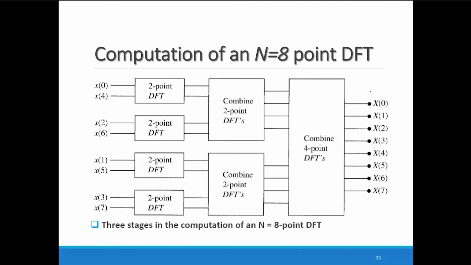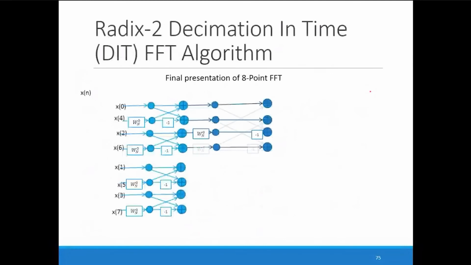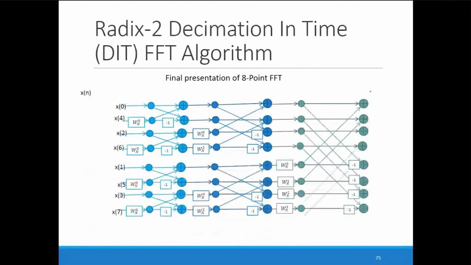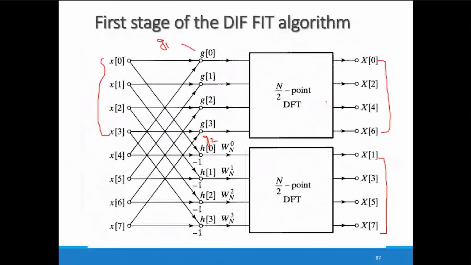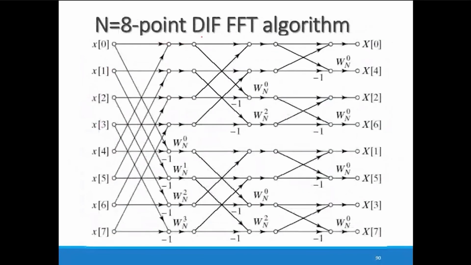In the final diagram here you can see stage 1 is a single stage operation, then a 2-stage operation, and then a 4-stage operation, so 2 raised to 0, 2 raised to 1, and 2 raised to 2. But here the operations are totally reversed: 2 raised to 2, 2 raised to 1, and 2 raised to 0. So this is the first, second, and third stage of the n-point DIF FFT algorithm.